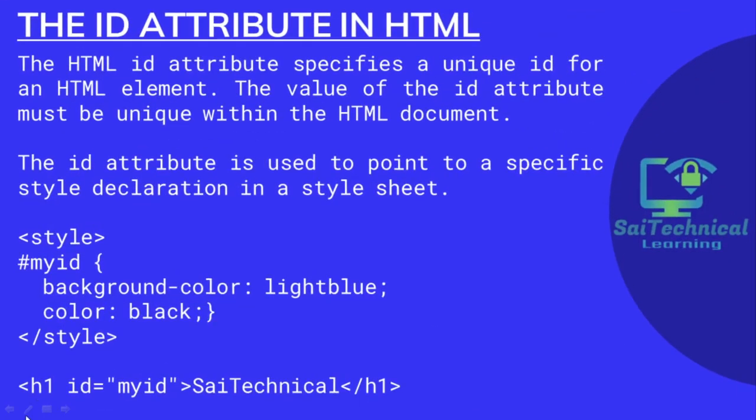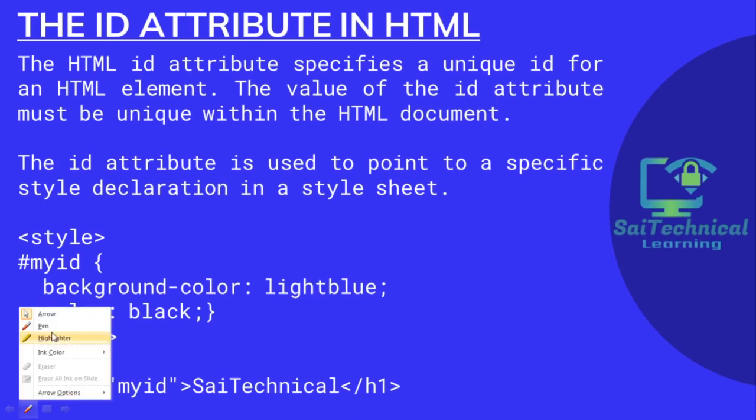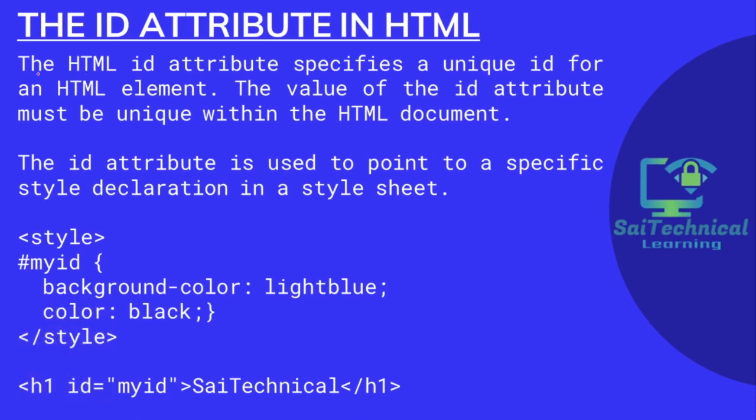Similarly, we can use ID attributes in HTML. The ID attribute specifies a unique ID for an HTML element, and the value of the ID attribute must be unique within the HTML document. The ID attribute is used to point to a specific style declaration in the style sheet.